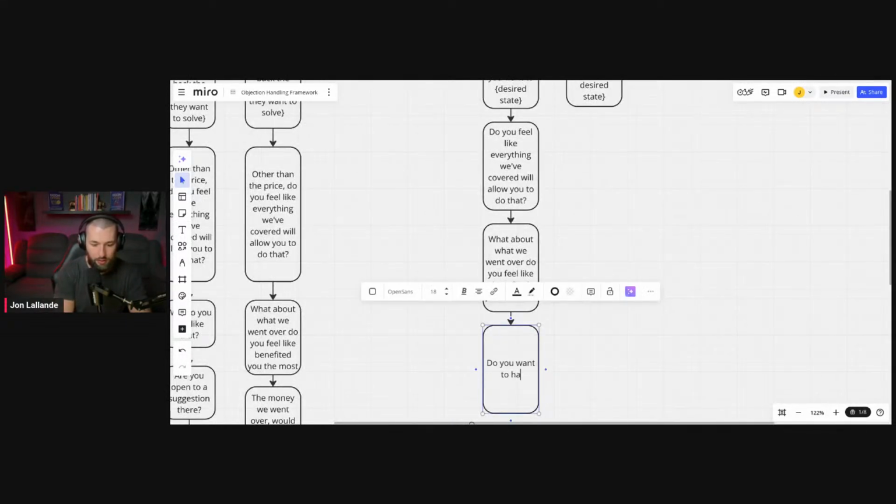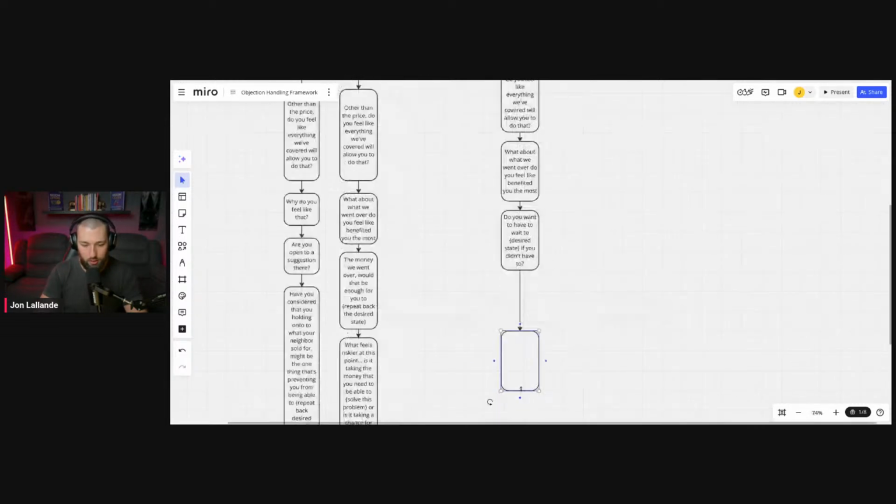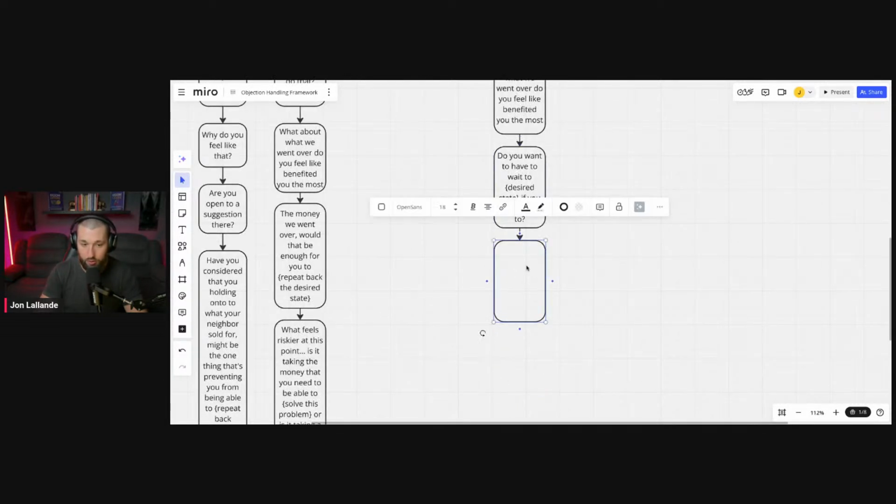Do you want to have to wait to desired state? Do you want to have to wait to spend that time with your grandkids if you didn't have to? Do you want to have to wait to sell your house if you didn't have to? They probably feel like they have to wait for whatever reason. So they're going to say, well, no. I mean, if I didn't have to, I would really want to do it.